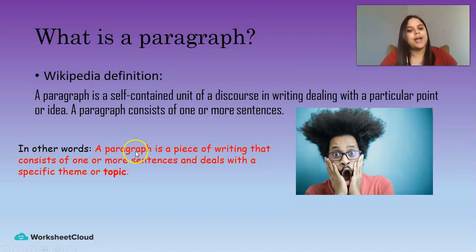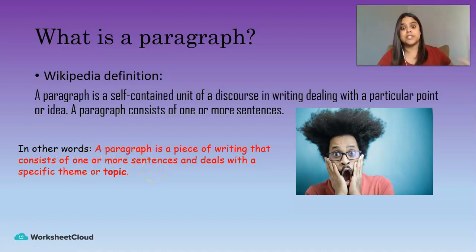In other words, a paragraph is a piece of writing that consists of one or more sentences and deals with a specific theme or topic. I think that's a bit simpler, grade 4s. So let's get to what a paragraph is, okay, before we move on. So firstly, a paragraph is a piece of writing. So we know that we are going to be writing something down. And then it consists of one or more sentences, okay?